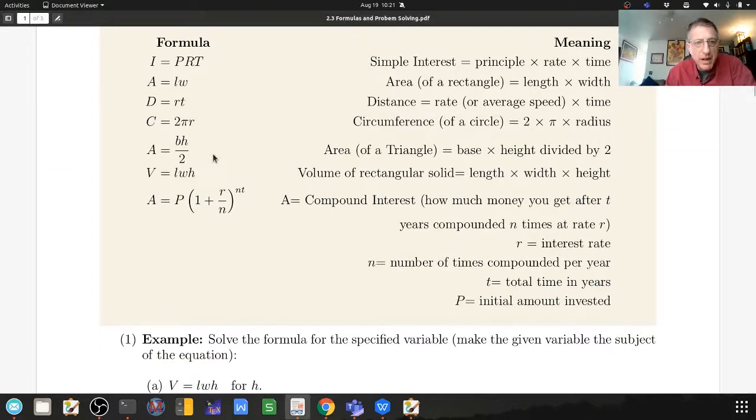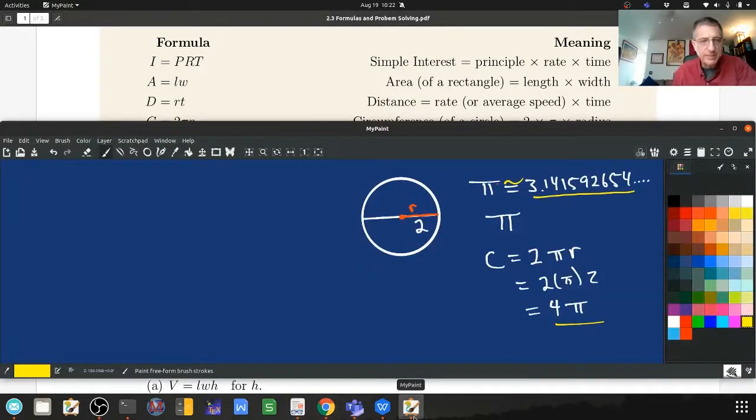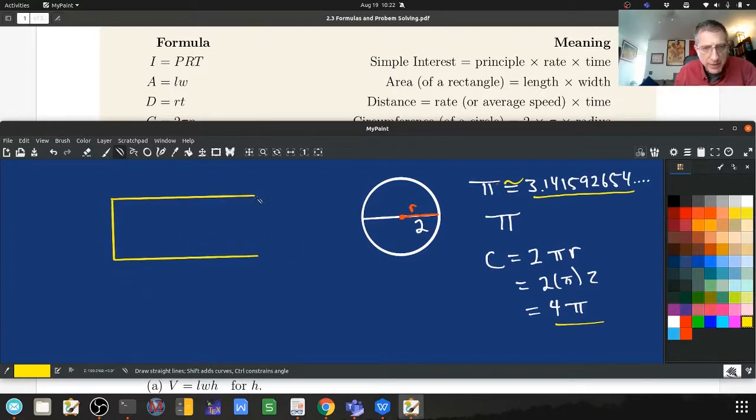So the area of a triangle is base times height divided by 2. That makes complete sense. Let's actually derive that. So we know that the area of a rectangle, and here I'm trying to draw a rectangle. And what is the area of a rectangle?